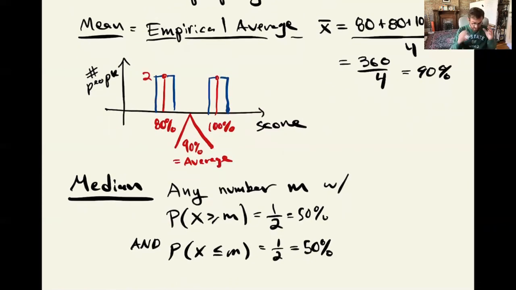Now you might start to get a little confused here because you're going to say, well, hold on. When I was looking at this histogram over here, I said I've got 2 people each with scores in this range, but we just call them 80 or 100 because maybe they're only 5 points on my exam, and 2 people got 4 out of 5 and 2 people got 5 out of 5. How do I think about this as a probability though?